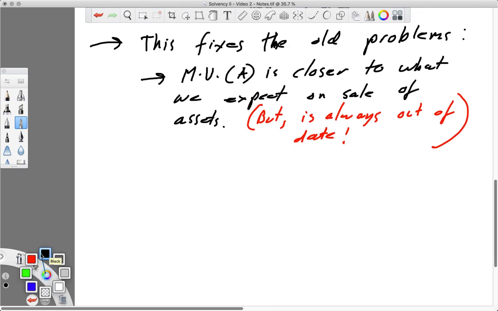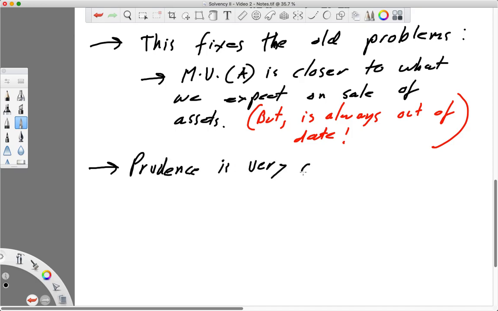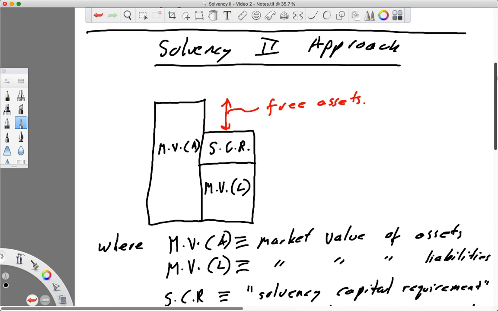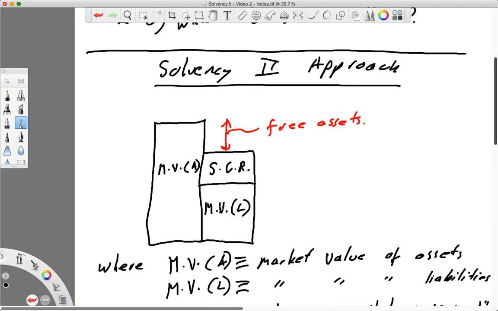And then prudence is very clear in the size of the SCR. So if you remember before, down here we had something called a prudent discounted value of liabilities.